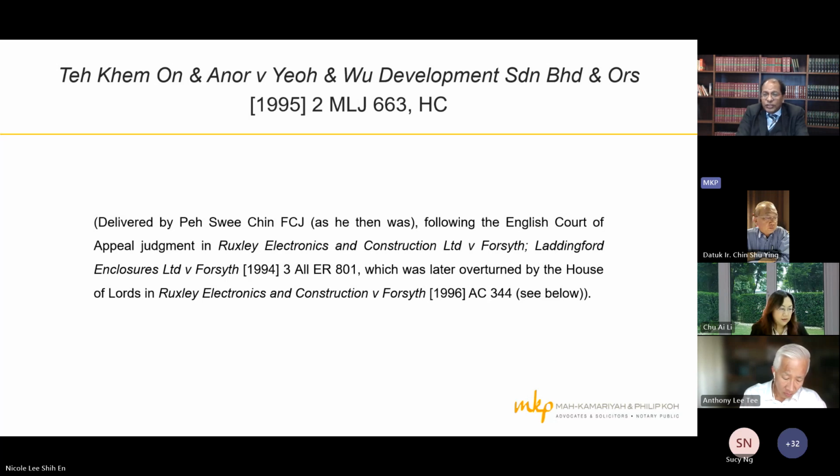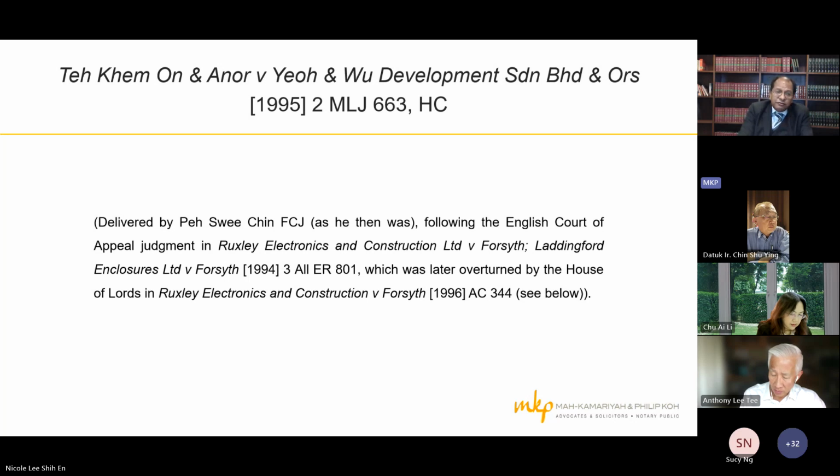Now, as far as I can tell, the House of Lords decision in Ruxley Electronics and Forsyth has never been applied in Malaysia. And I think had the federal court considered it, they might not have found the situation in our first case quite as easy as they did.